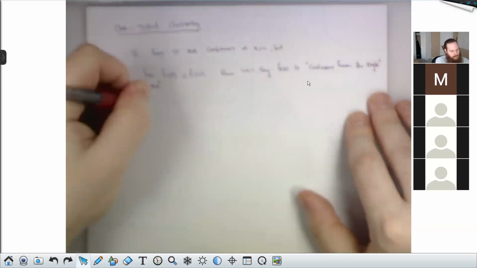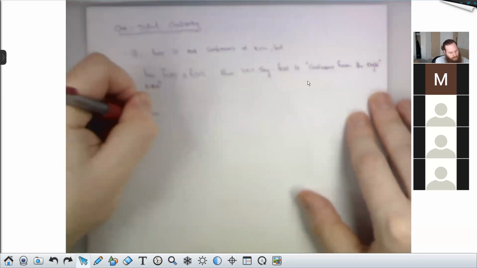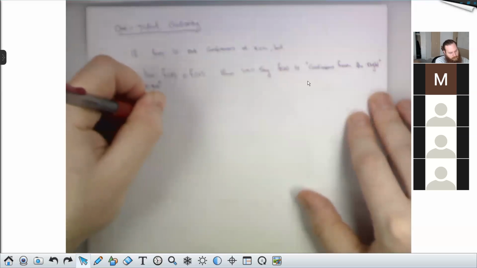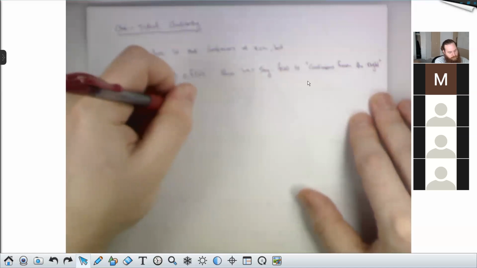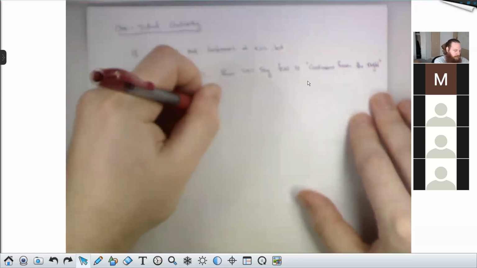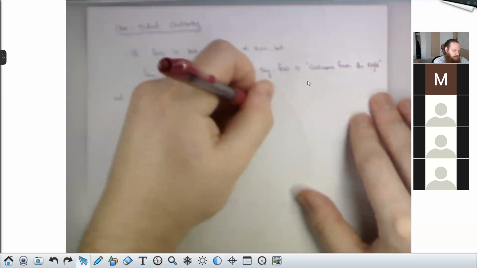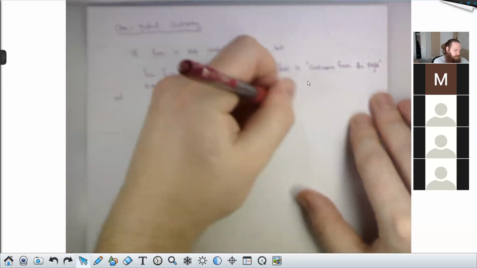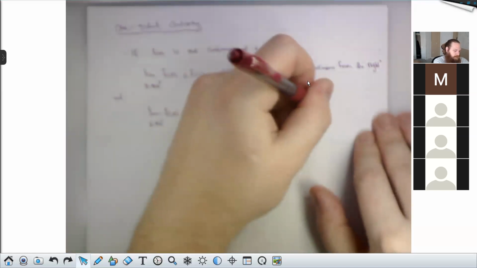And if the limit as x approaches a from the left of f of x is equal to f of a, then we say f of x is continuous from the left.